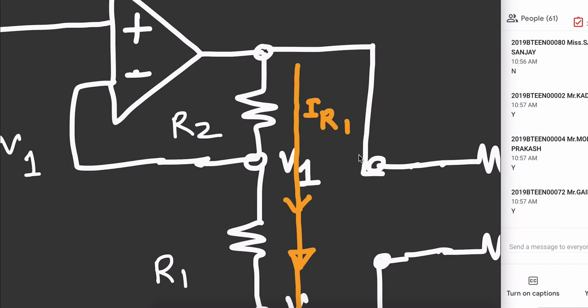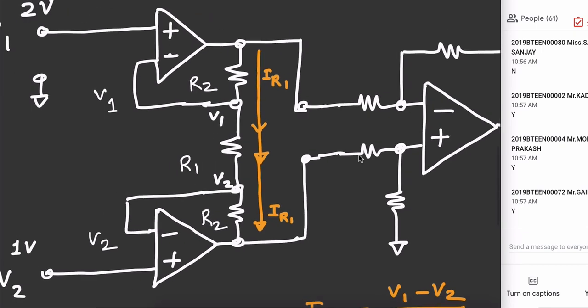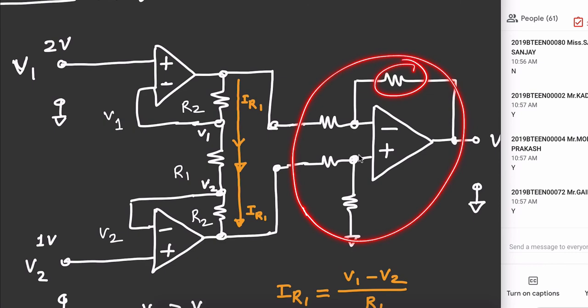Now let us look at the whole circuit. I will rub out some things which are right now not necessary. Everybody understood this much? So we first of all had drawn this circuit, then we talked about variable resistors.